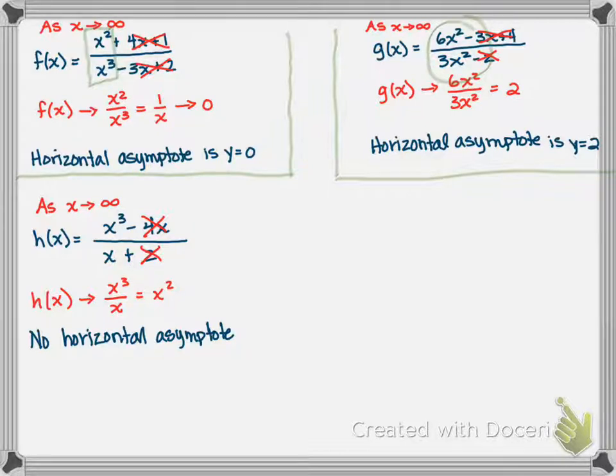So if the numerator and denominator have the same degree, then these variable parts are just going to cancel, right? And so we'll always just be left with a constant here. And whatever that constant is going to be the y value that our function is approaching, just like here it approached 2.